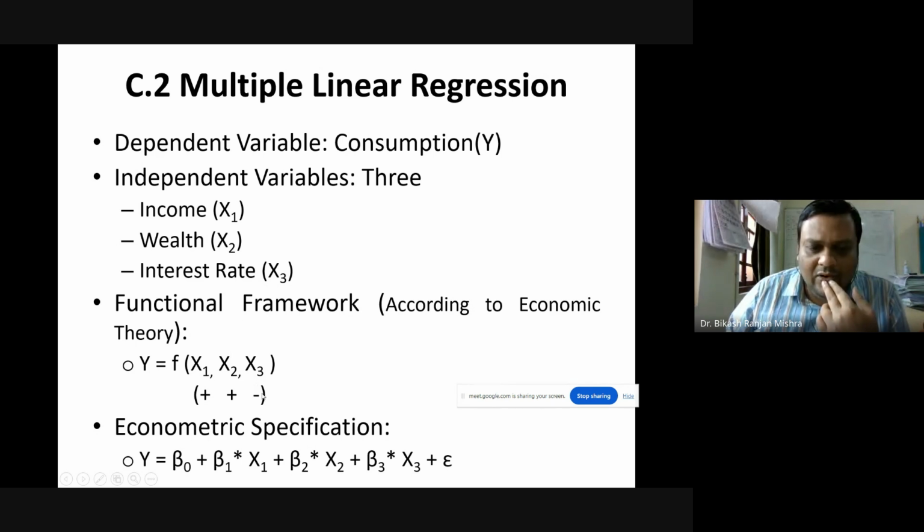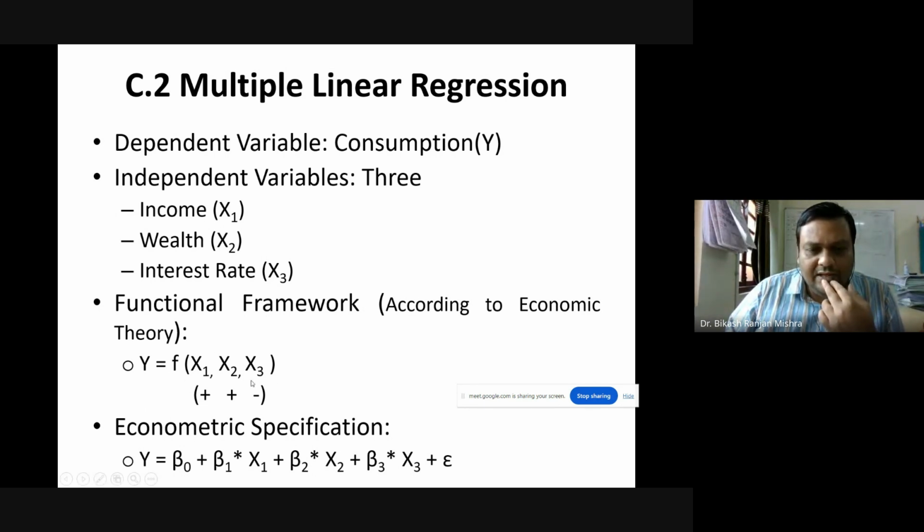According to economic theory, the higher the income, the possibility of more consumption. The higher the wealth, the possibility of more consumption. And the higher the interest rate, the possibility of reduction in consumption, because you have to repay a lot. So a high interest rate may affect consumption in an inverse manner.